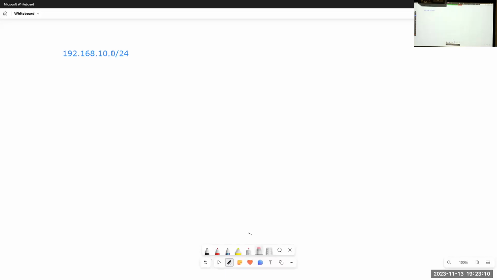Right, because it's a /24, so the entire 4th octet is the host field. What are the possible host addresses when you have the entire 4th octet to use? What's the first host address? 1. And what's the last one? 255. 254. 255 would be the broadcast, right? So the last host address is 254.